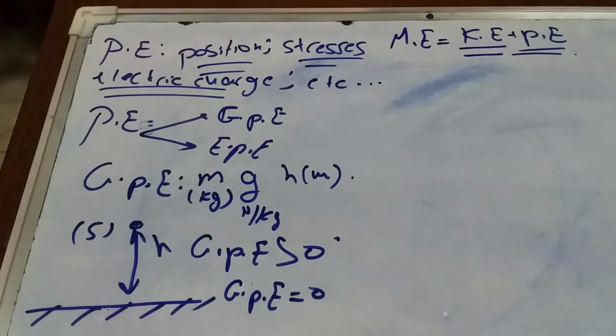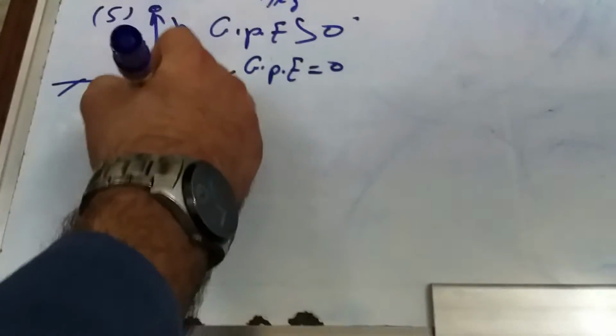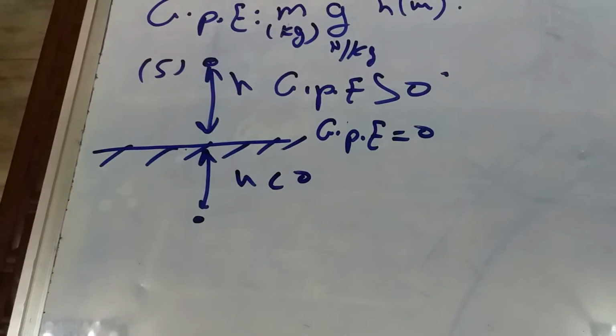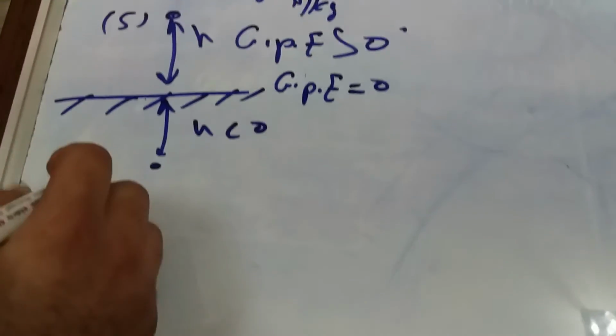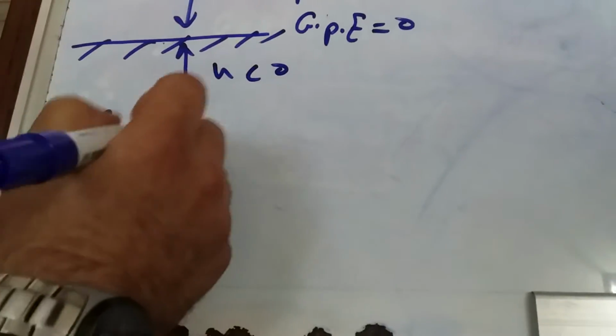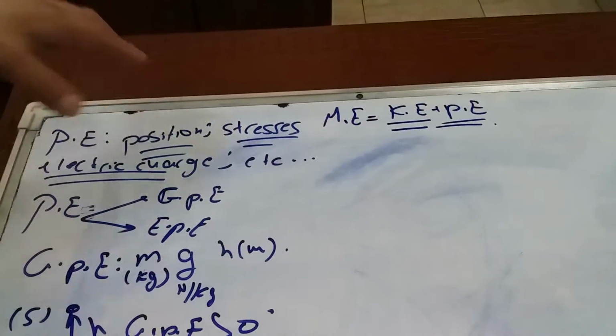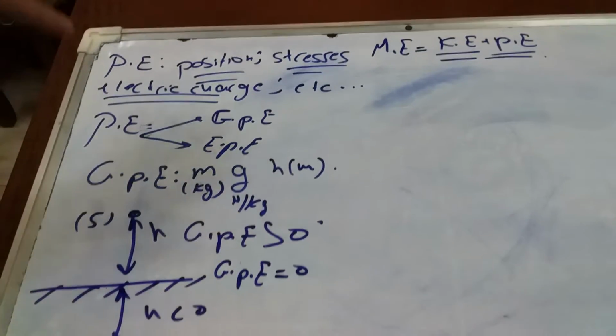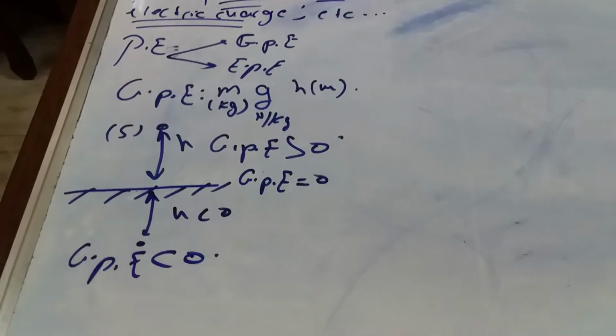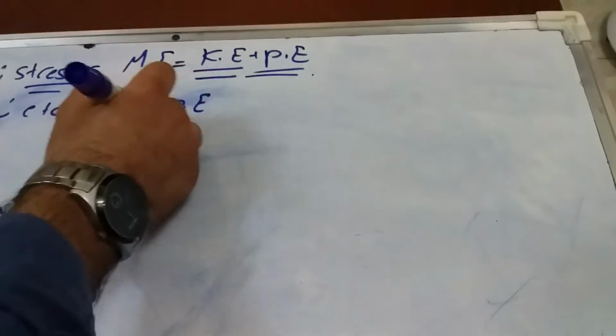If we have an object below the GPE level, then this object also possesses a GPE, but negative, less than 0. So GPE is a potential energy depending on the position, as we've said before. The gravitational potential energy depends on the elevation away from the GPE level.